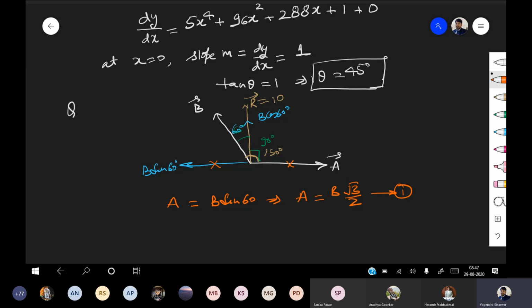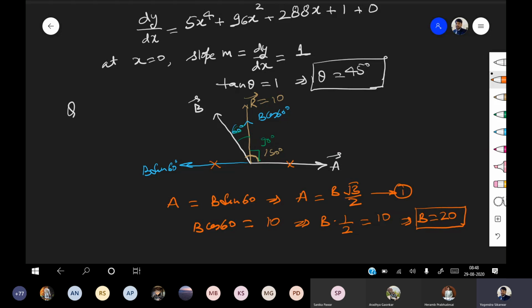Now the second thing is that B cos 60 should be equal to 10. Then B into cos 60, which is 1 by 2, is equal to 10. And that gives B is equal to 20.